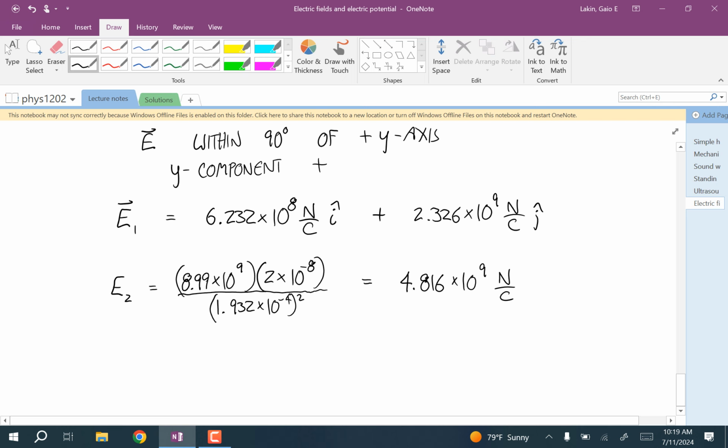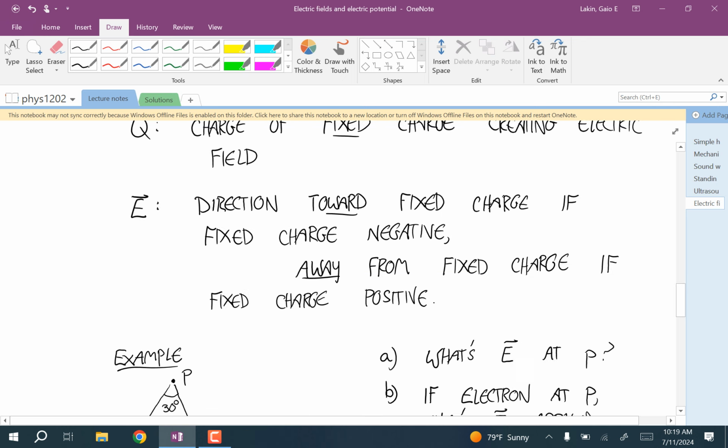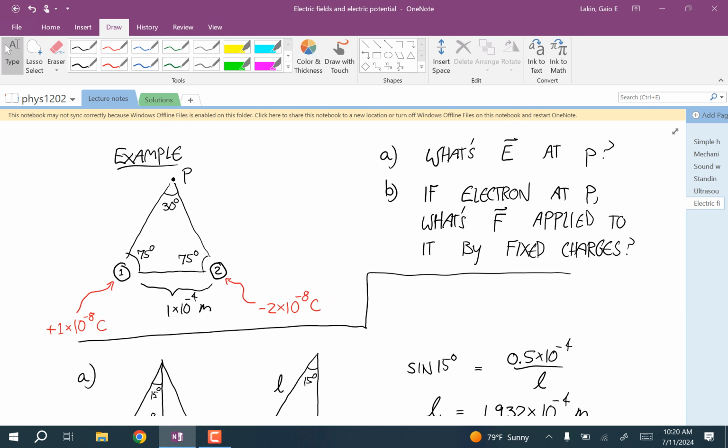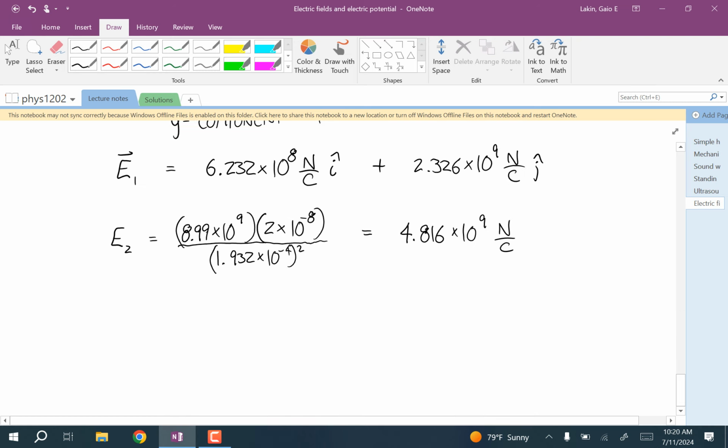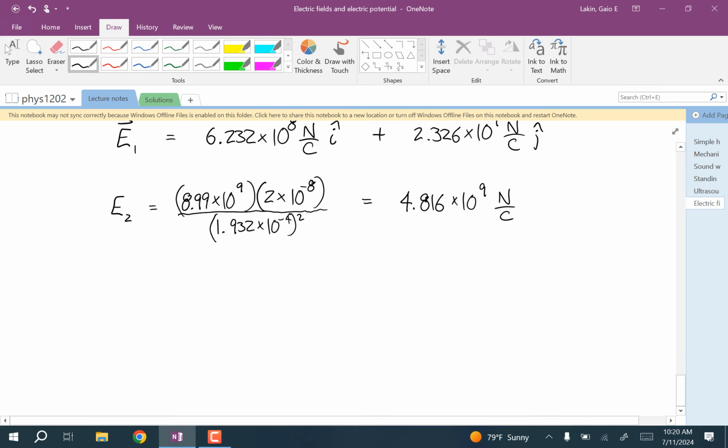Now that we have the magnitude, we can think about the direction. So let's go back to our starting picture. This time, the fixed charge is negative. And so if you think about a vector originating at this point P, that vector is going to point toward the fixed charge at 2. So this time, the direction is this way.